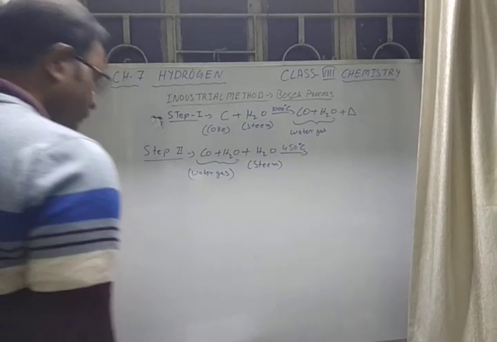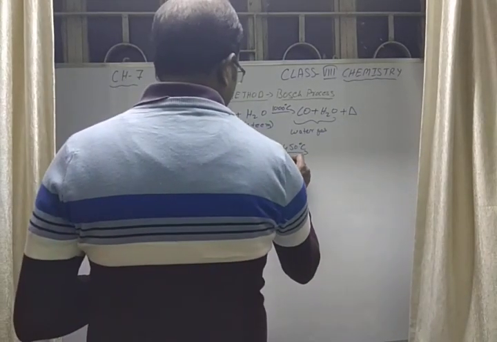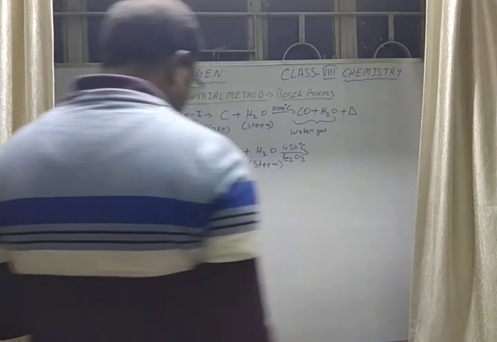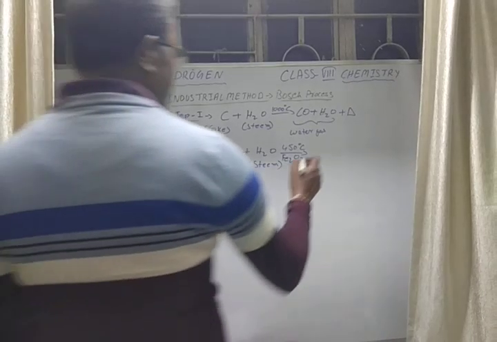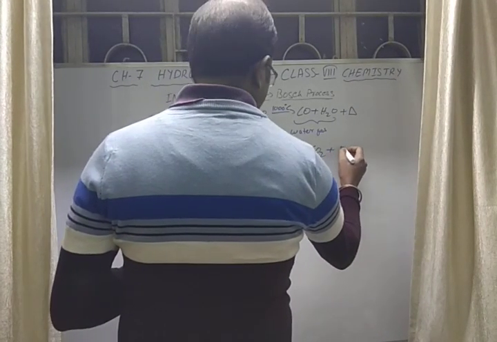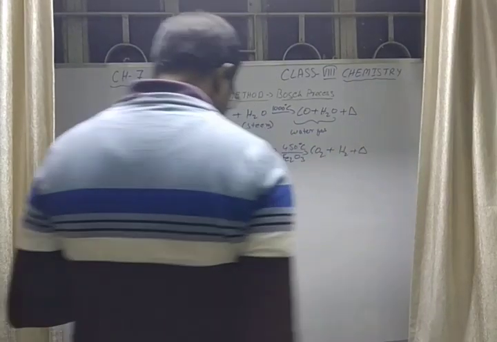We do this in the presence of some catalyst, that is called Fe2O3, ferric oxide we use. So in that case we will get carbon dioxide CO2 plus H2 with some amount of heat energy also.